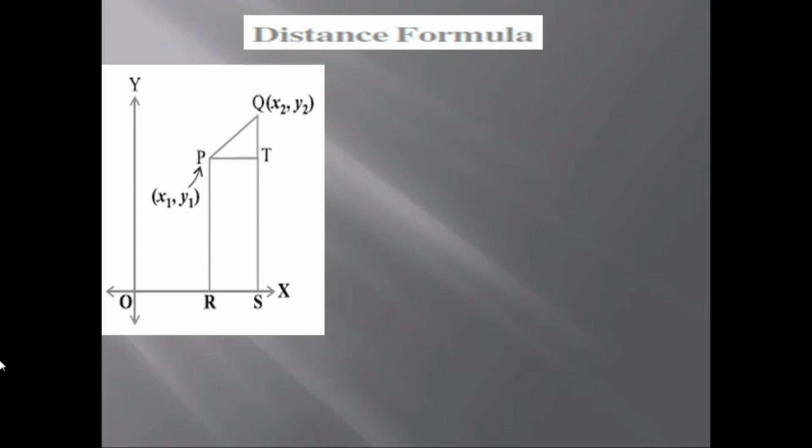Now if you observe properly, you will find that triangle PTQ is a right angle triangle. Now how is it formed? We have taken a perpendicular PR on x-axis and QS on x-axis.